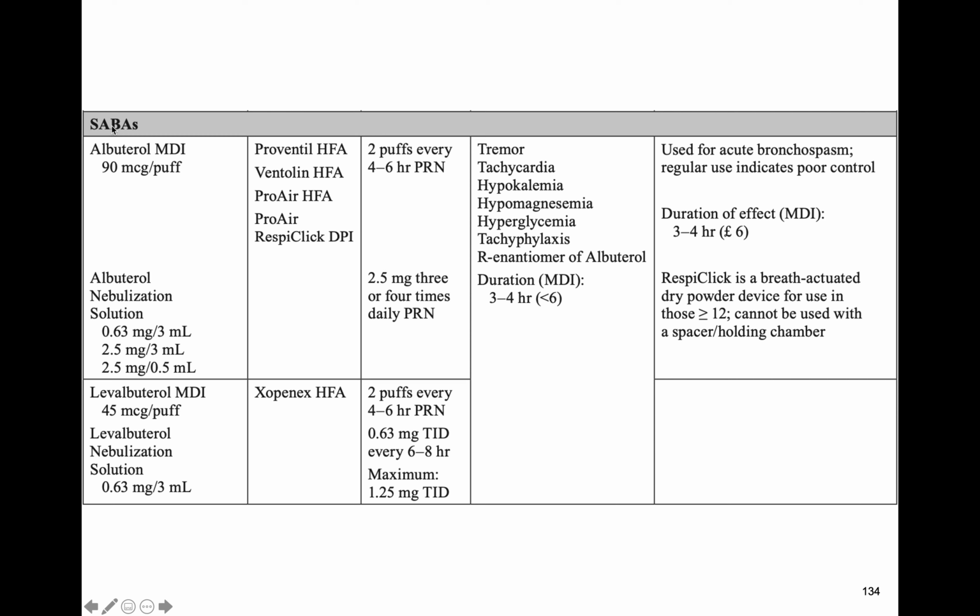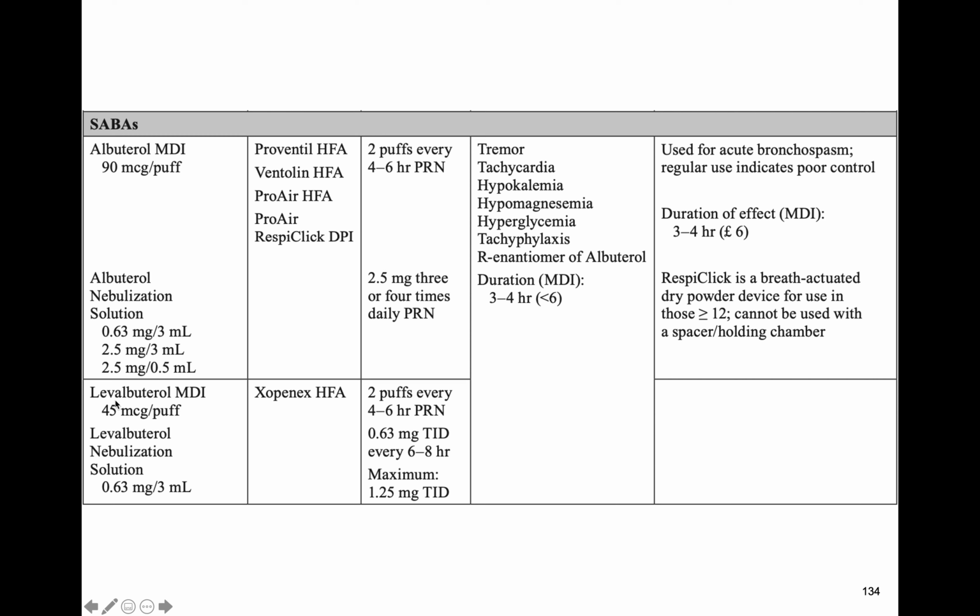These are the SABAs, short-acting beta agonists. For the most part, it's albuterol. If you have a patient on Medi-Cal, Xopenex is their preferred, levalbuterol. When this agent came out, they took one. Every drug molecule has a right and left side, right? A dextro and a sinister isomer.